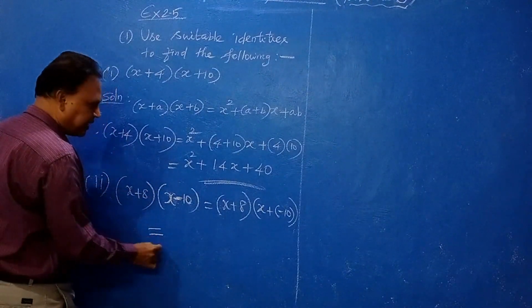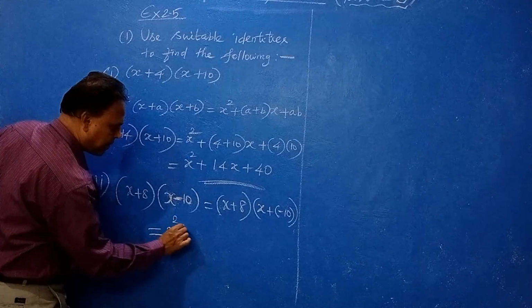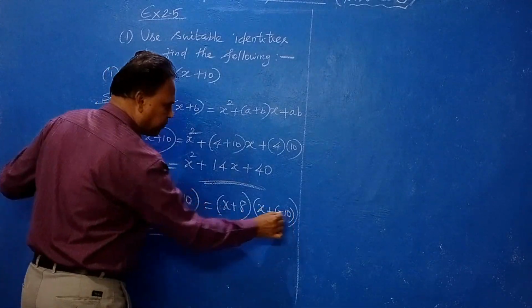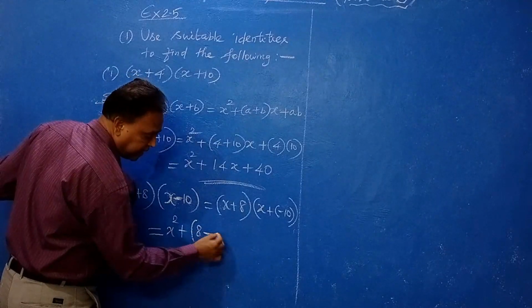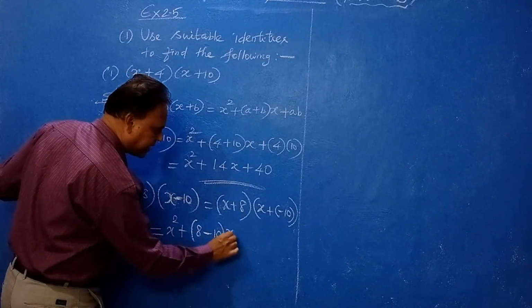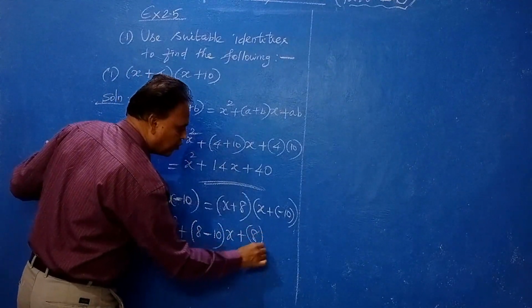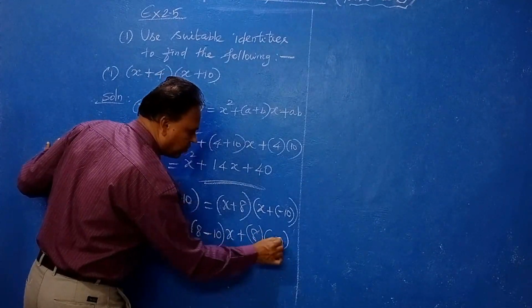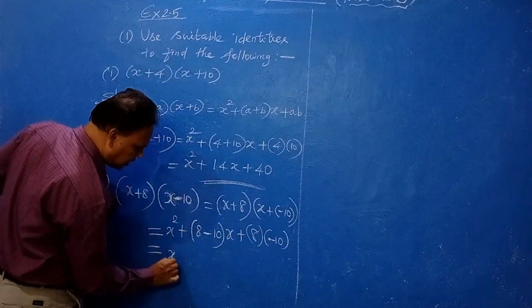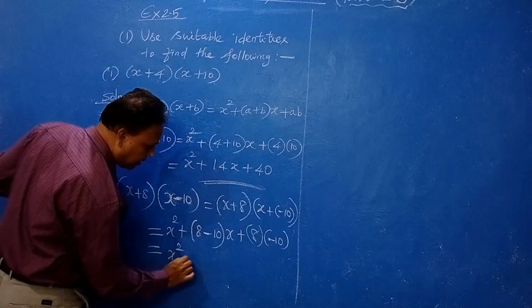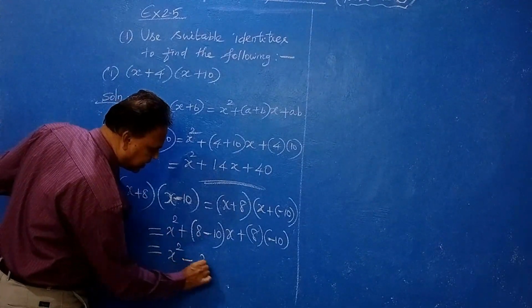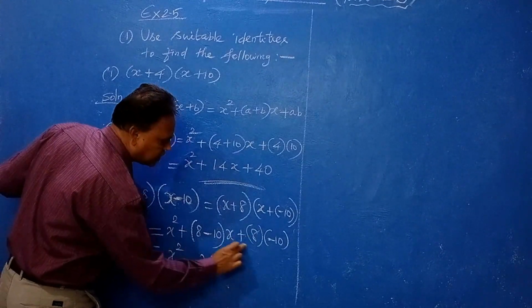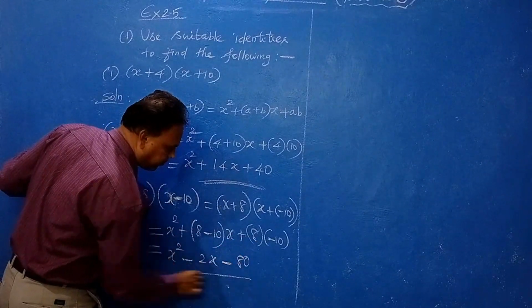So this can be written as x squared plus a plus b, that is 8 minus 10, that is minus 2, into x plus 8 into minus 10. So this is nothing but x squared minus 2x, then plus into minus, minus 80.